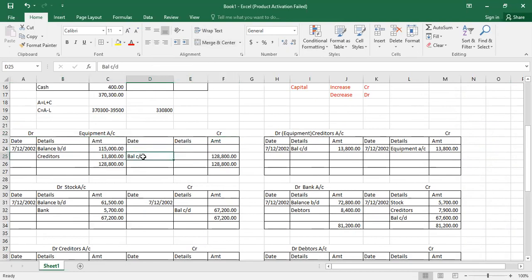That is the figure that we take. All along, we are going to take the balance in the subsequent account, and you'll see we are taking the balance carried downward, not brought downward. That's why it is called carried downward.